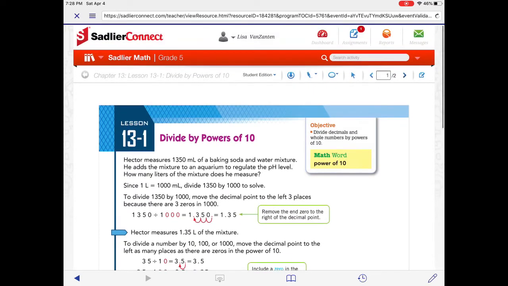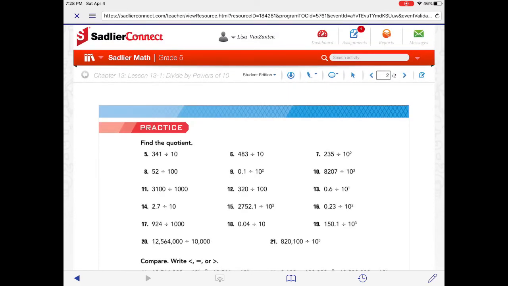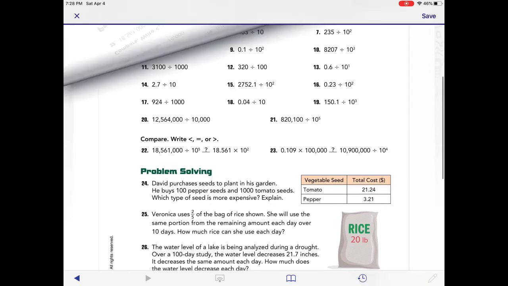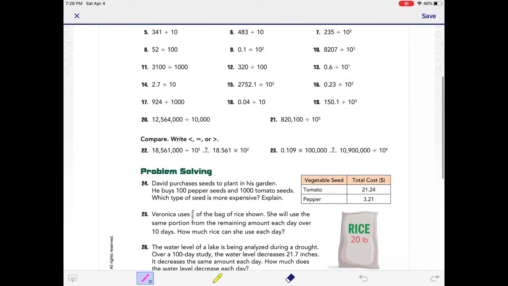Let's go to page number 2. All right, here we go. Let's pick another one. Let's do this one right here. I'm trying to find ones that might throw you a curveball. All right, let's do it over here on this side where I've got a little bit of space. I have 1/10, and it's saying divide it, 1/10 divided by 10 to the second power.